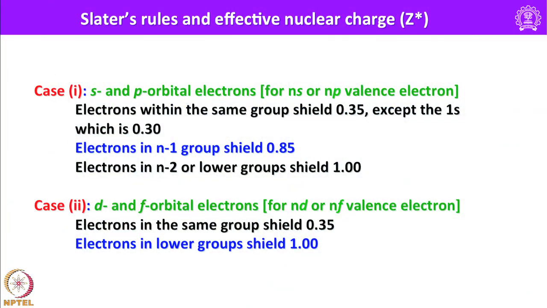So, that is the difference between S and P and D and F. In case of S and P, we are considering both the n-1 group and n-2 group and the rest as separate units, whereas in case of D and F we are considering only 2 cases. One is the shielding of the electrons within the same group, and the shielding by lower groups, no matter how many electrons are there, simply they have to be multiplied by 1 to get the value.